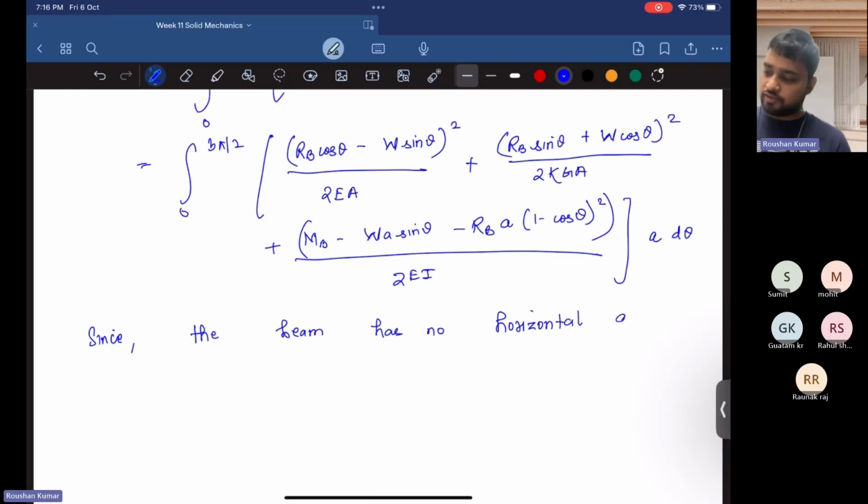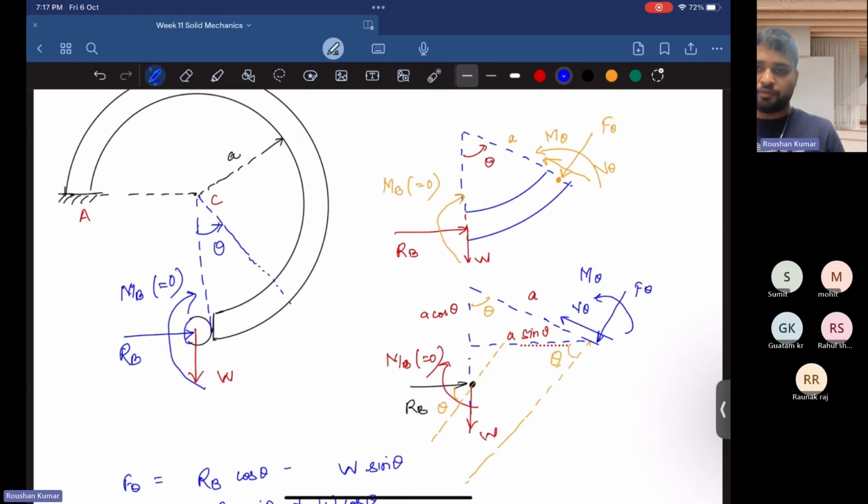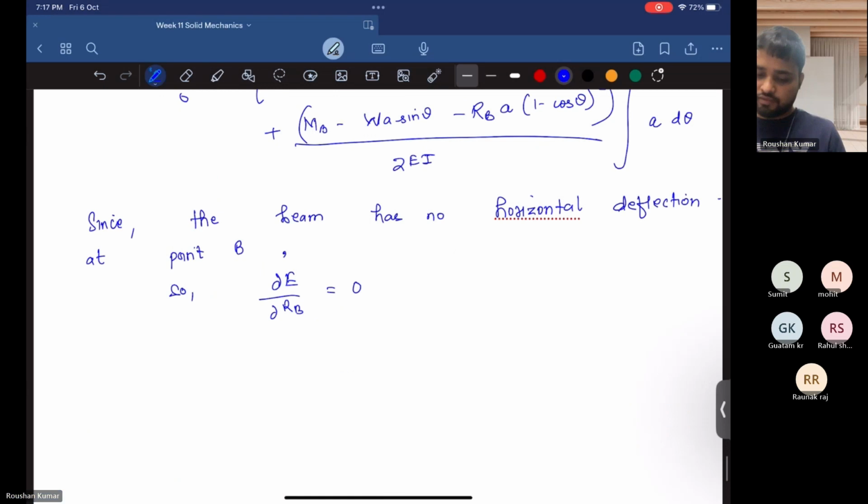Since the beam has no horizontal deflection at point B, we can say that del E over del RB equals 0, and MB, that is moment about B, is also 0, because here we are using the dummy moment to find the slope at point B. So we put it 0 after taking the derivative of energy with respect to RB.